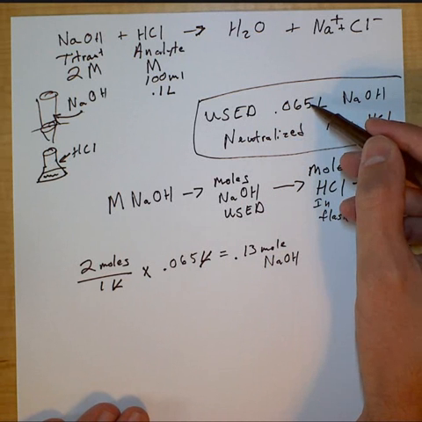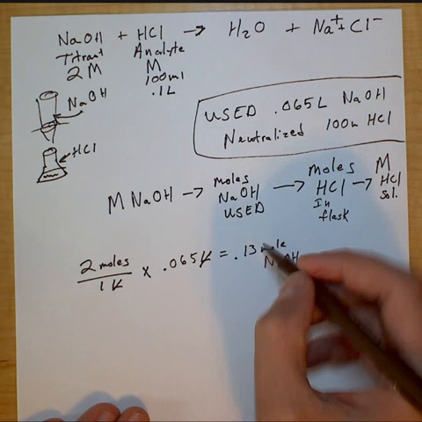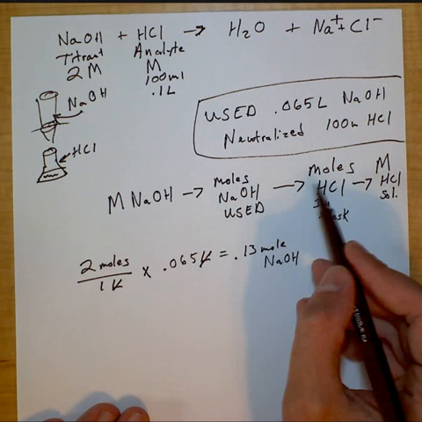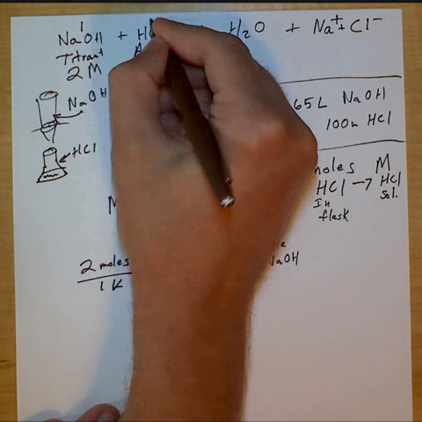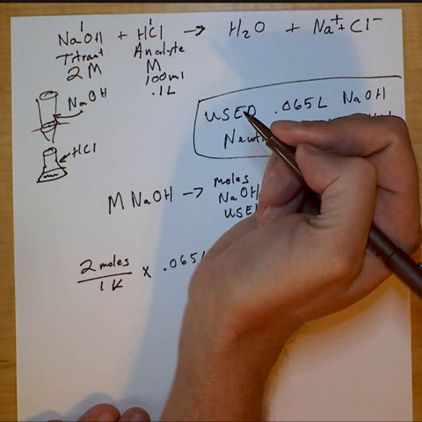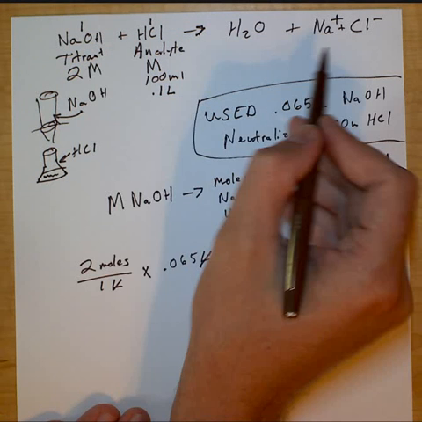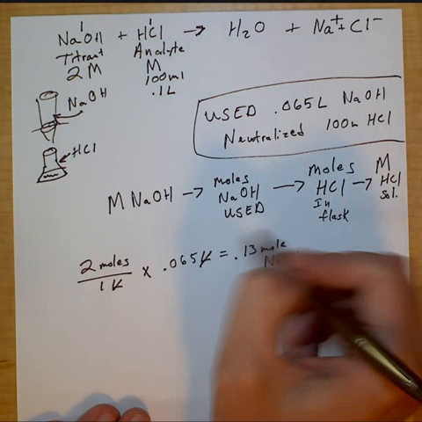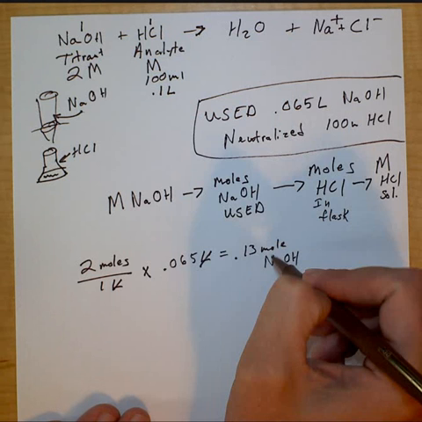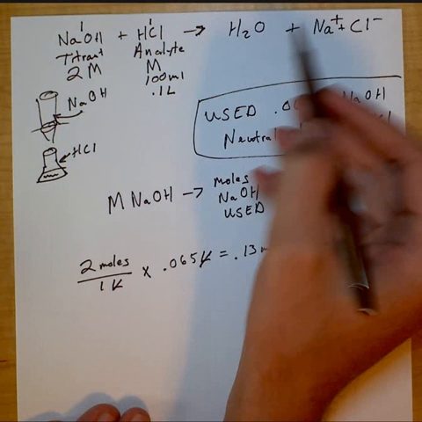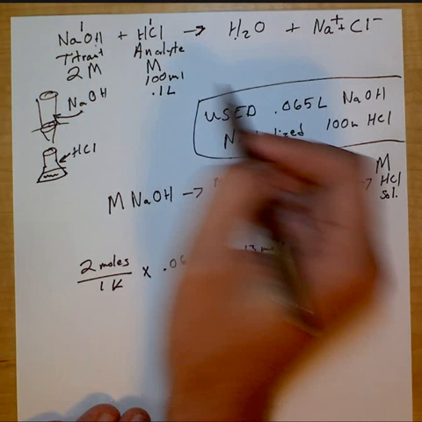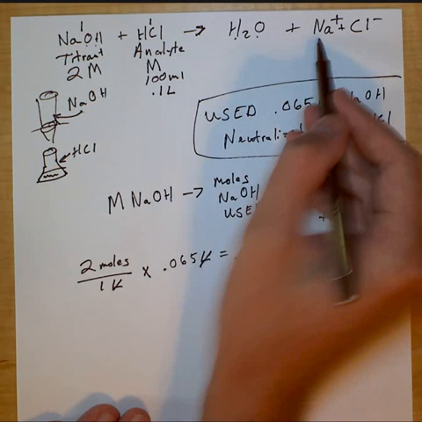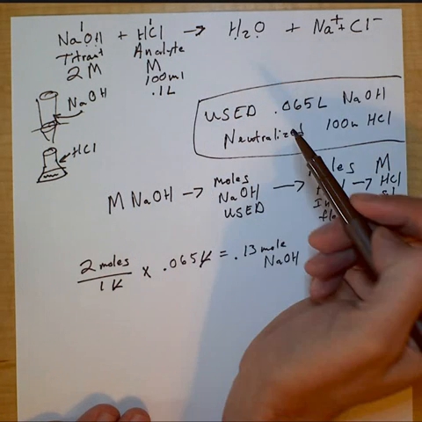What I can do now is compare these two things in my equation. Now this is nice and pretty because these are 1-to-1 ratios. Remember, whenever we do a chemical equation, before we do any stoichiometry or comparing quantities of one thing to another, we need to make sure it's balanced. And this one is: I've got 2 hydrogens, 1 oxygen, 1 sodium, 1 chlorine, 1 chlorine. Acid-base neutralization reactions often are set up in this way, so it makes it easy.